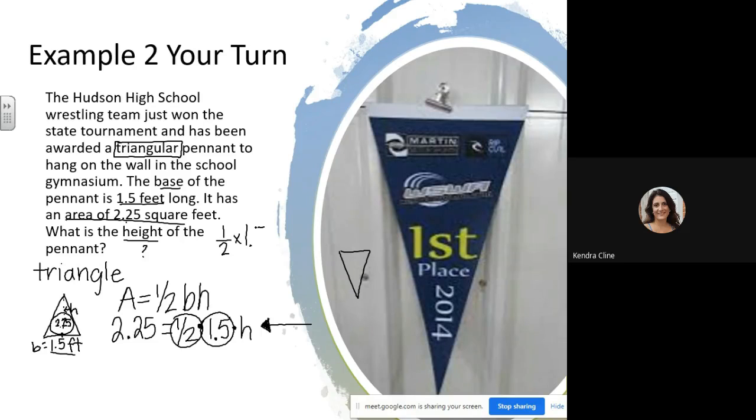times 1 5/10. Now remember, you can use a calculator here as long as you're showing all of your formula lines. So you could do 1/2 times 1 5/10, which is the same thing as 1/2 as a decimal, 0.5 times 1.5. When I do that multiplication in your calculator, I'm going to give you a minute to do that.